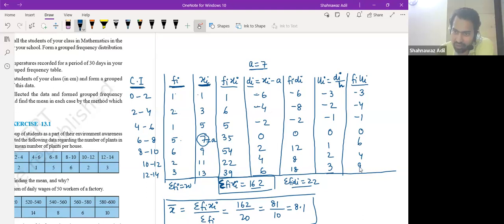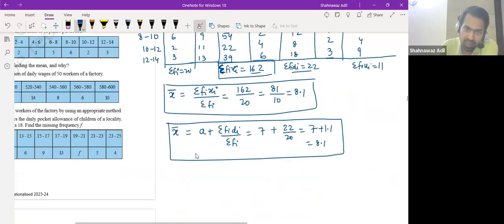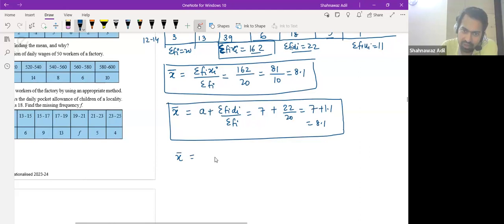This is already a smaller number. 19 and minus 8, so again 11. This is sigma FiUi, which is 11.